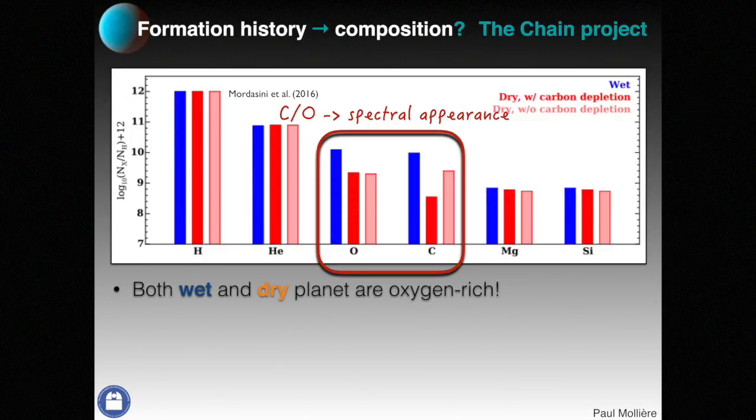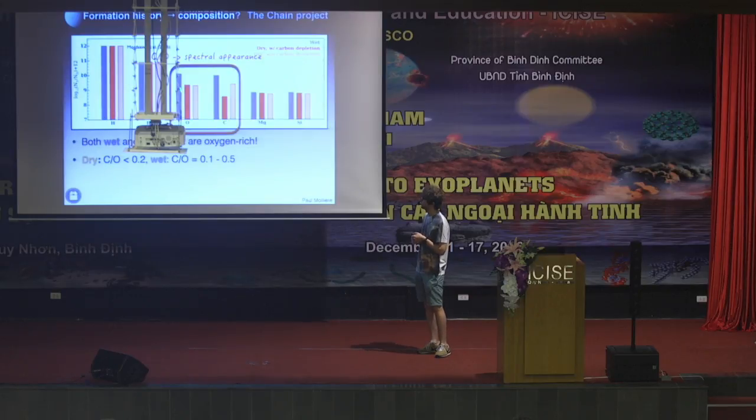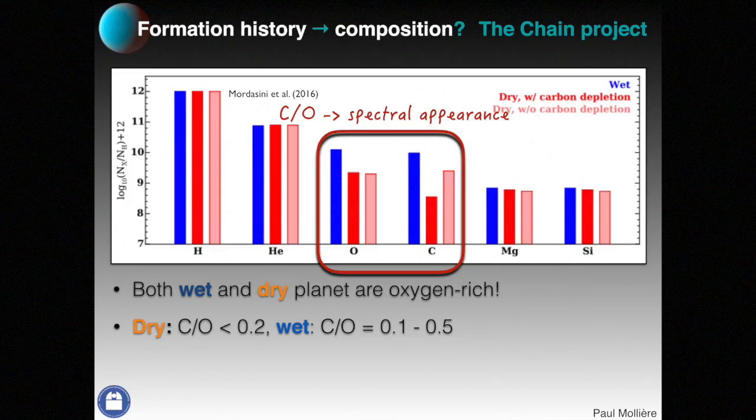So we don't get an easy switch for a planet which formed either inside or outside the ice line in the disk. What we find is for the dry planet, so the red bars here, the C/O ratio is below 0.2 because of the strong carbon depletion in the inner disk. And for the wet planet, it ranges between 0.1 and 0.5.